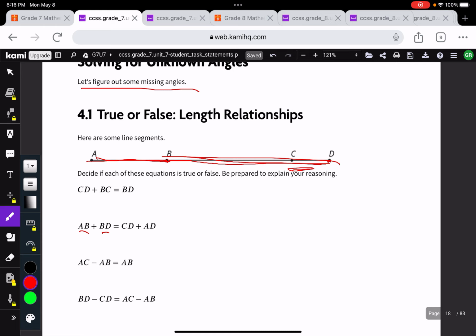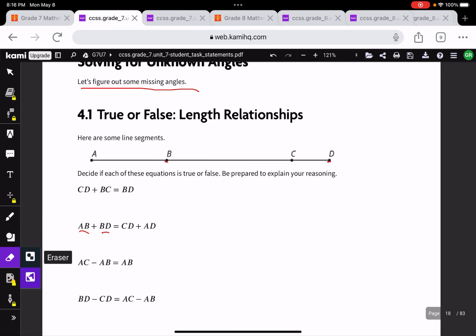CD plus AD, that plus AD. That seems like it's going to be slightly more. It's going to be longer. We should say false because all of it plus a little bit more is not going to be equal to all of it.